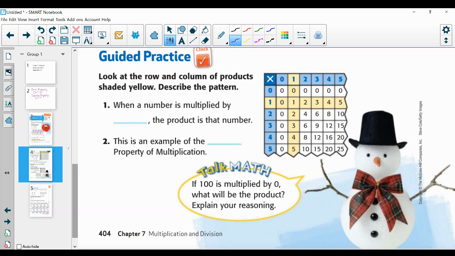Okay, when a number is multiplied by 1, the product is that number. Okay, this is an example of the blank property of multiplication. Pause your video. Okay, this is an example of the identity property of multiplication.